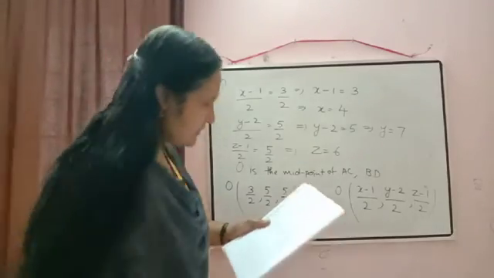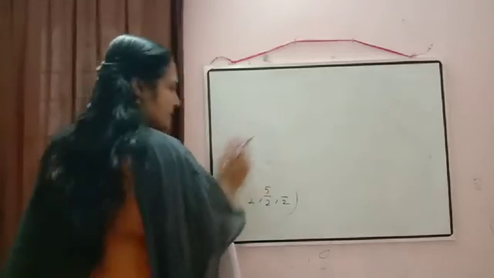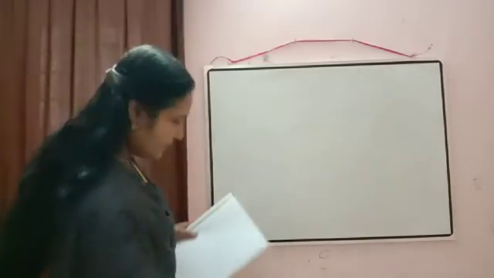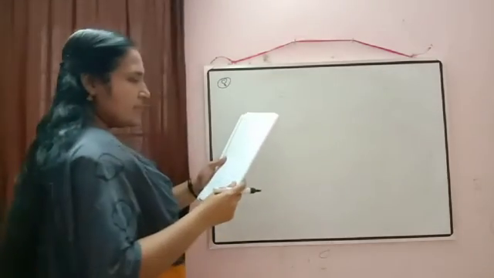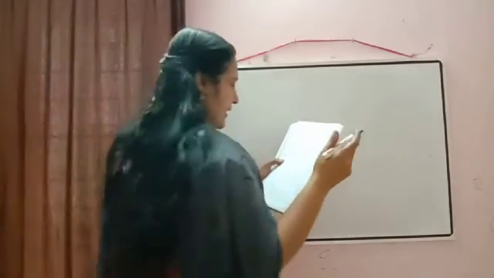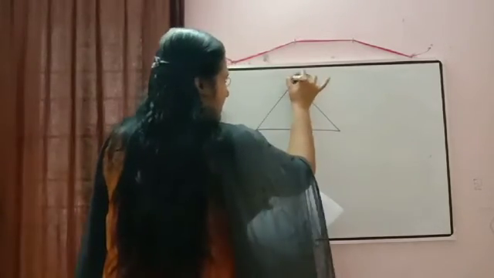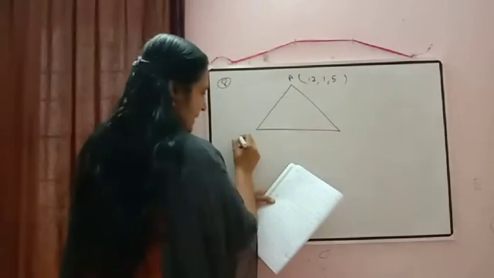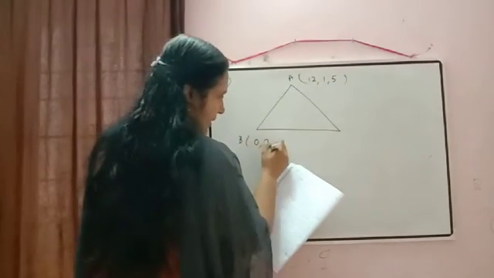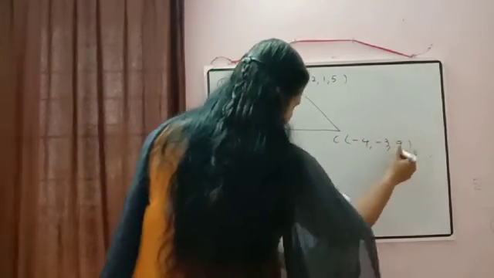Now check the next question. We studied this, so I think these are clear to you. Now we'll check the question based on centroid. It is written, find the coordinate of the centroid of a triangle ABC with A (12, 1, 5), B (0, 9, 1), C (-4, -3, 9).